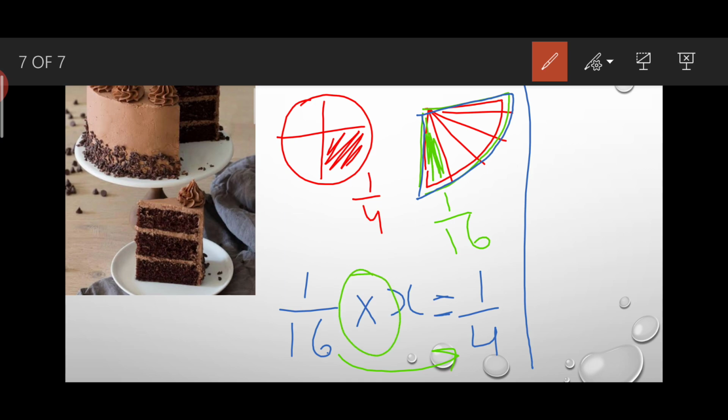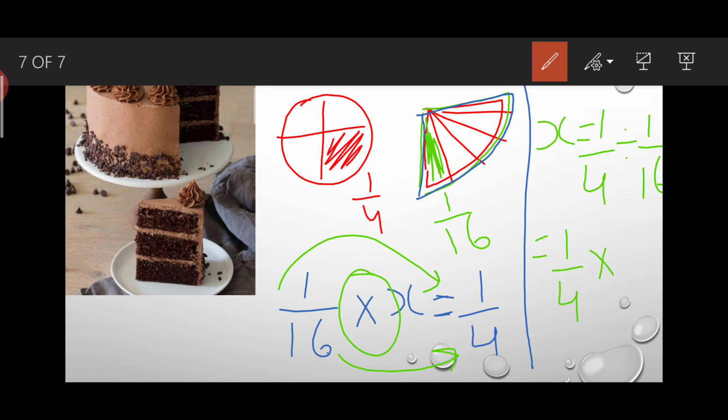How? You can write it here, x is equal to 1/4, because 16 came from here to this side, so what did it become? Division. So we can write here division 1/16. Now you can see this is the division of two fractions. So what we have to do, we have to replace the division sign by multiplication, and you have to replace 1/16 by its reciprocal. So what will be the reciprocal of 1/16?